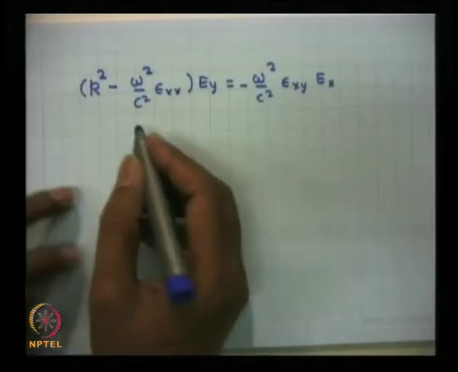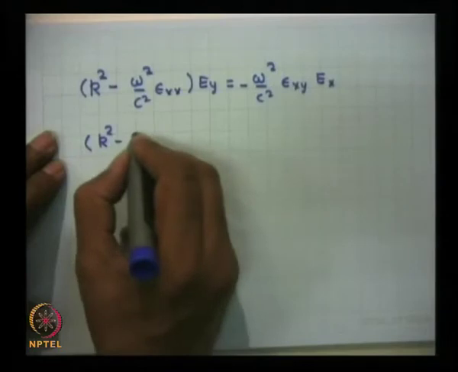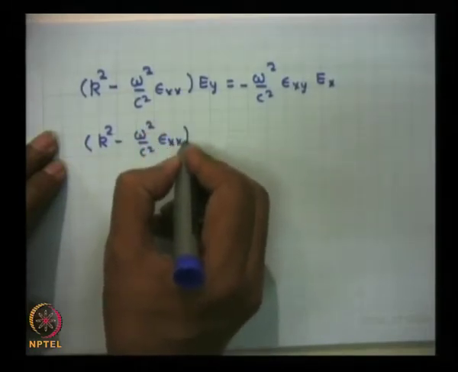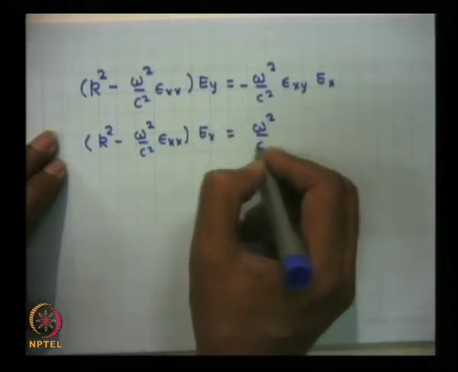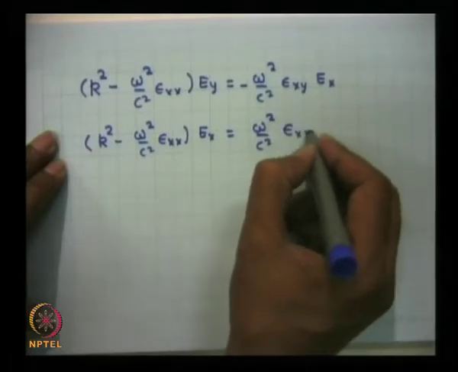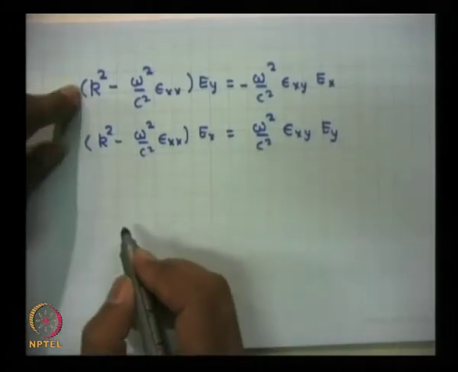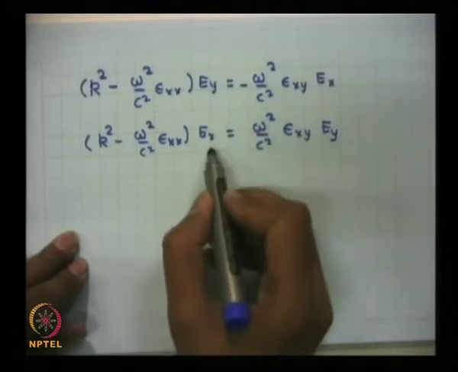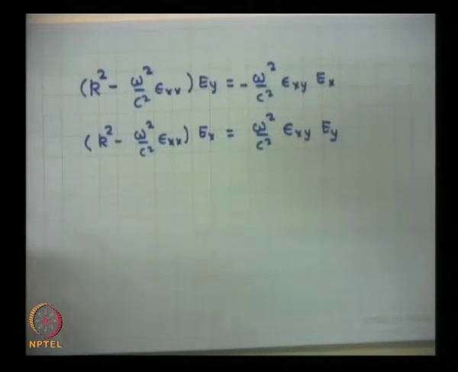Also remember the first equation that we derived for Ex: k square minus omega square by c square epsilon xx, Ex, was equal to omega square by c square epsilon xy into Ey. What you can do is multiply the left side of this equation with the left side here, right side with the right side. You will get Ey Ex here, Ex Ey there, they will cancel out, and you get a dispersion relation.